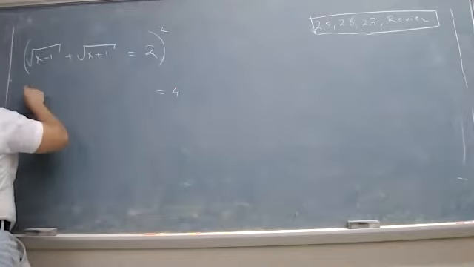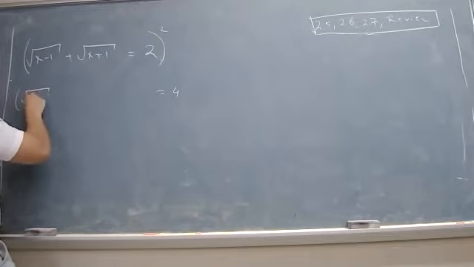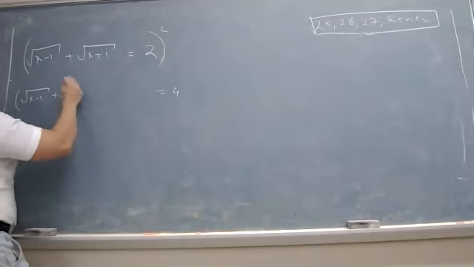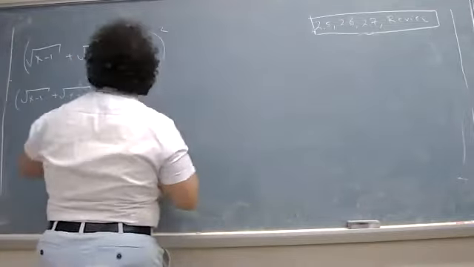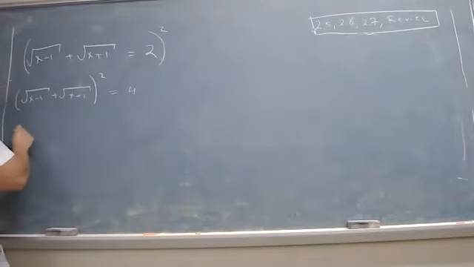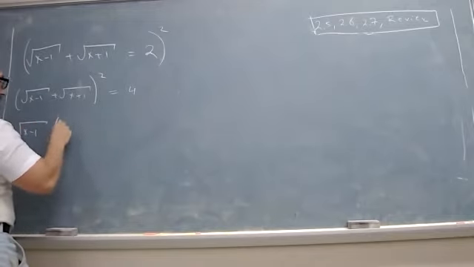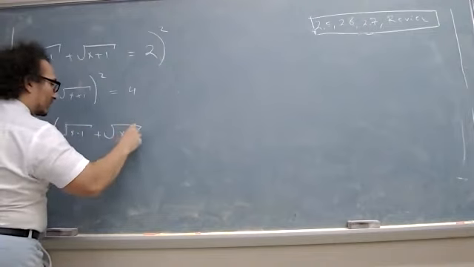This side is just it times itself. So really, we have this square root of x minus 1 plus square root of x plus 1, squared, right? So let us FOIL or distribute, if you will. I'm going to distribute. So I get square root of x minus 1 times this quantity, square root of x minus 1 plus square root of x plus 1.